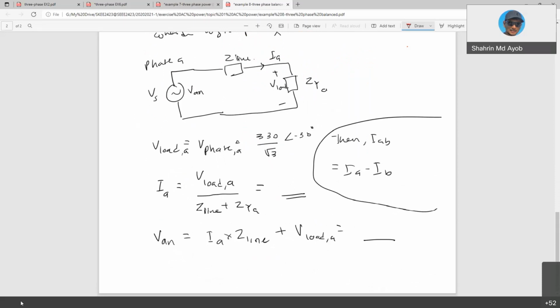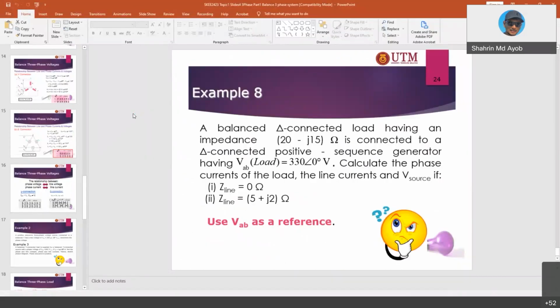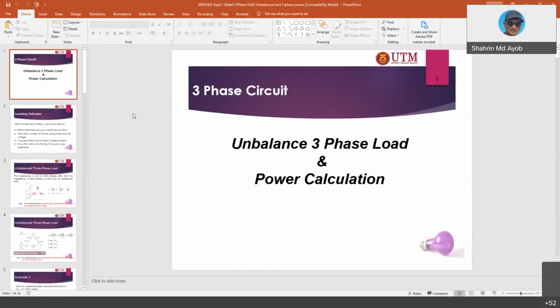Okay, let me open the unbalanced system. So right now, I'm showing you the unbalanced three-phase and load power calculation.